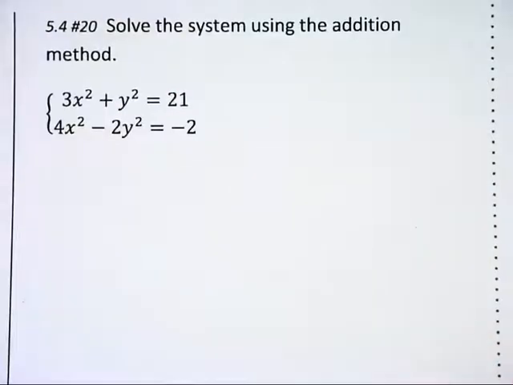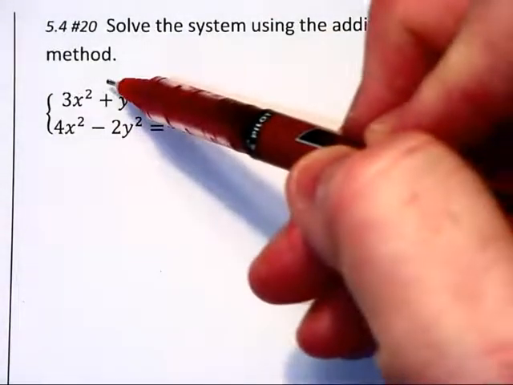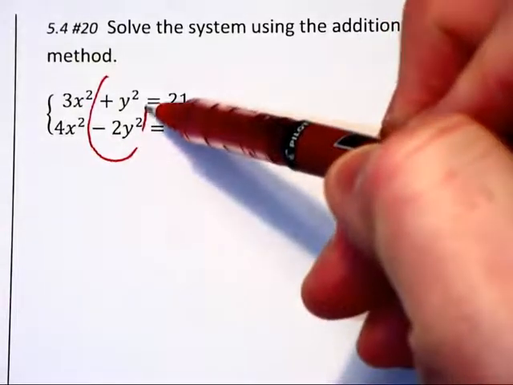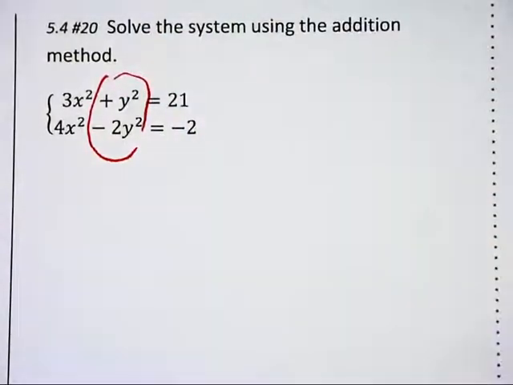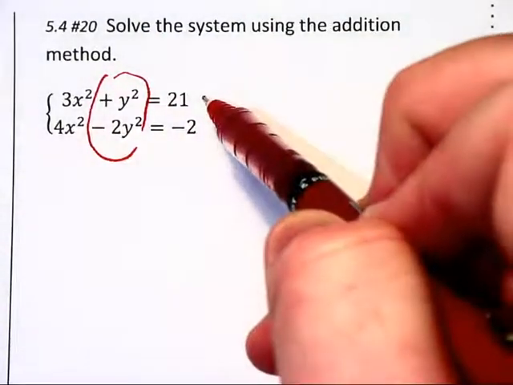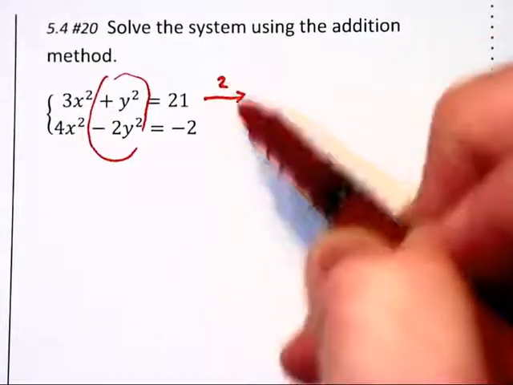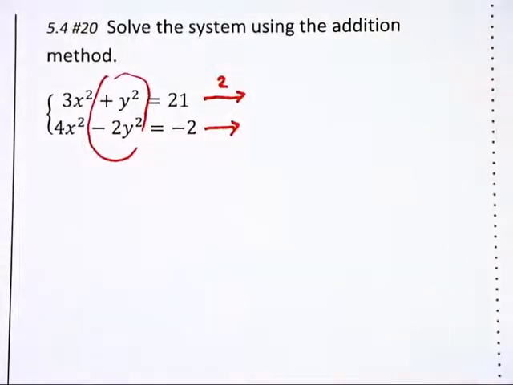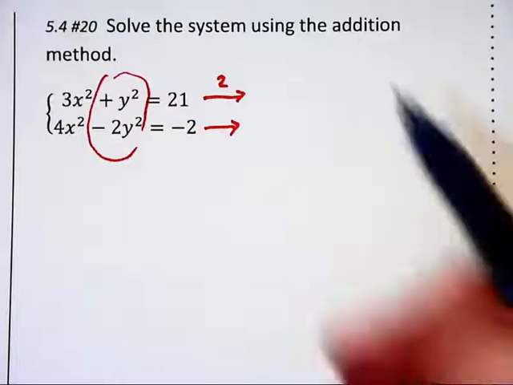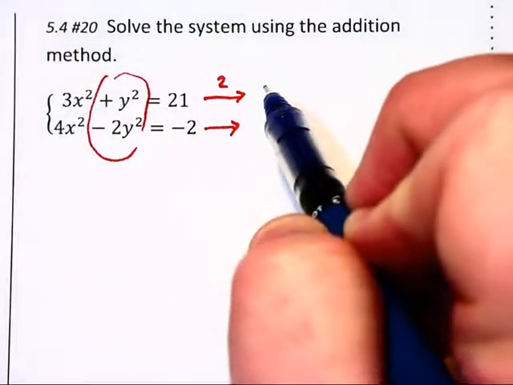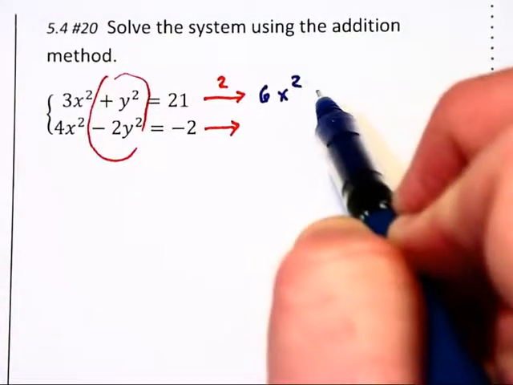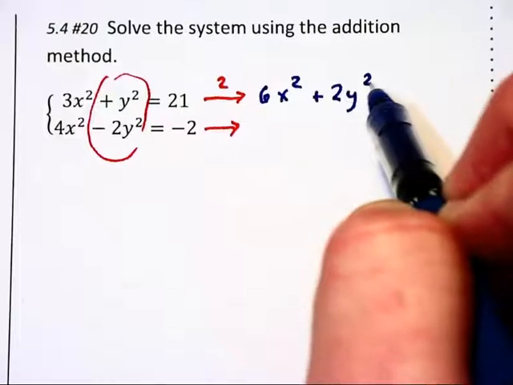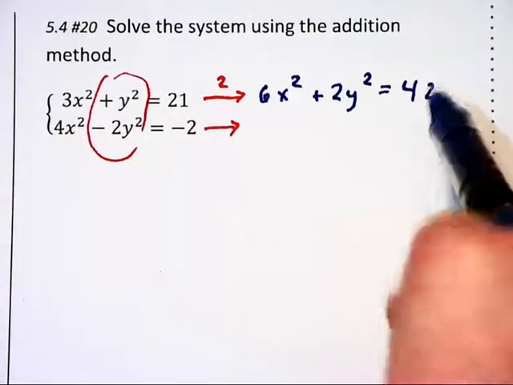Now they want us to solve this system using the addition method, and it seems to me that canceling out those y's is the best move. So I'm going to multiply that first equation by 2 and keep the second equation as it is. The first equation multiplied by 2 gives us 6x squared plus 2y squared equals 42.